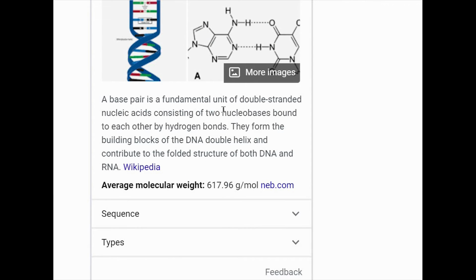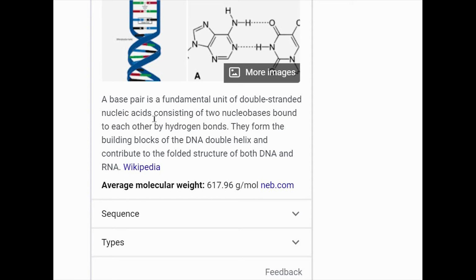A base pair is a fundamental double-stranded nucleic acid unit consisting of 2 nucleobases, meaning these blue things 1 and 2, these 2 will make a base pair in DNA, which is double-stranded, right?